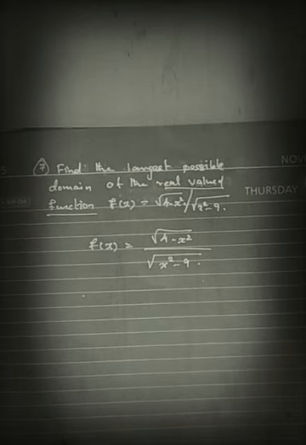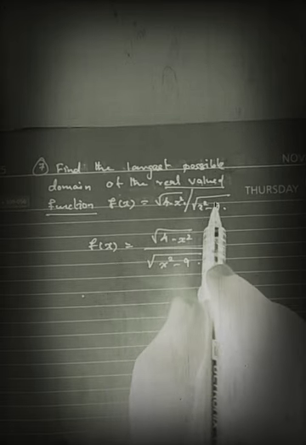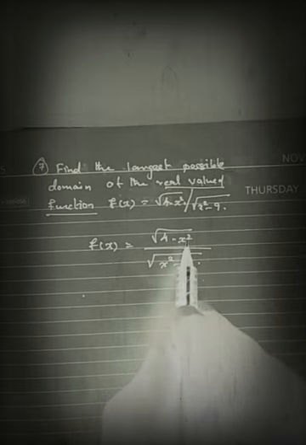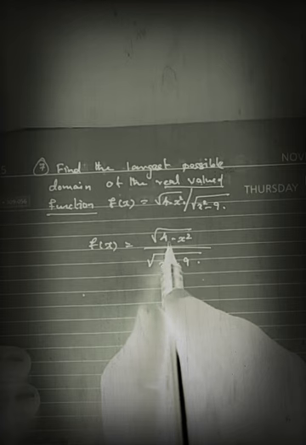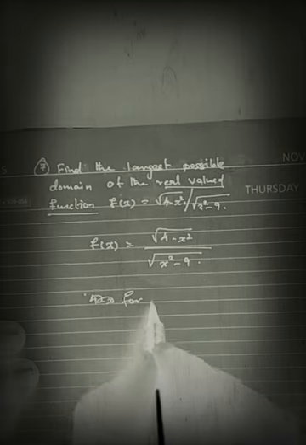Now it's an interesting thing. They are saying it's a real valued function. Real valued means only real numbers. There should not be a complex number. Complex means the inside of the root should not be negative. You can see here one root is there, here also another root. How do you write for a real valued function?